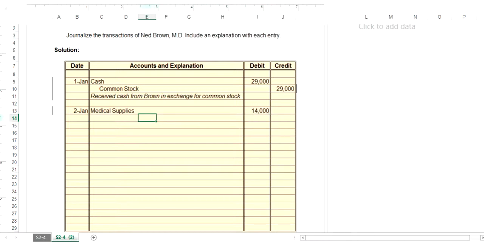We purchased them on account. So that's going to create a payable. Name it accounts payable for $14,000. And then we'll give it a brief explanation. We purchased medical supplies on account.